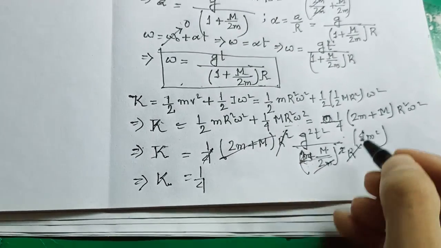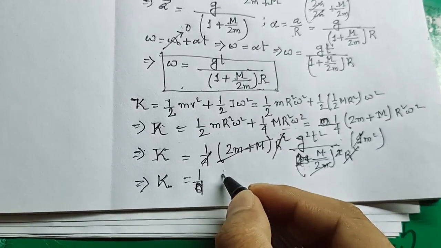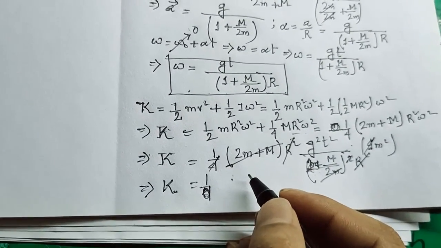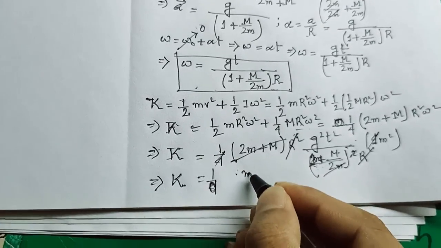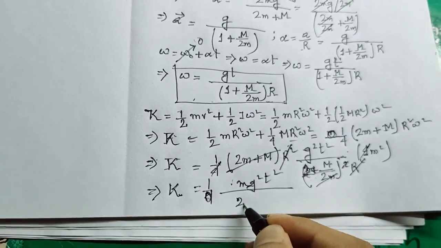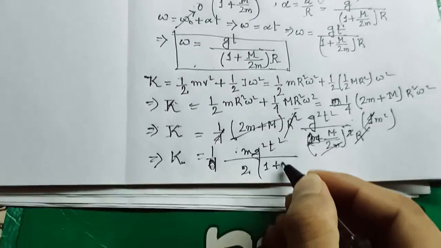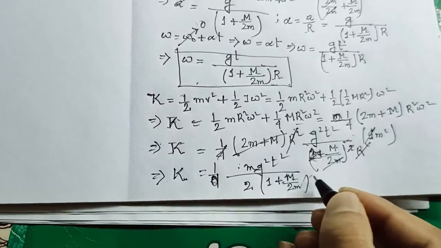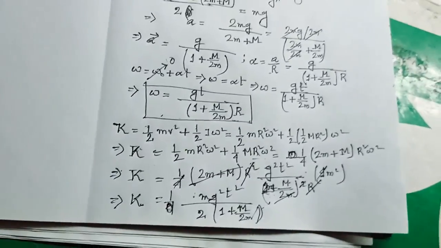This 1 by 4 and this 4 get cancelled, so the total kinetic energy of the system will become m g square t square divided by 2 times 1 plus capital M divided by 2 small m, which is exactly the same as the previous value.